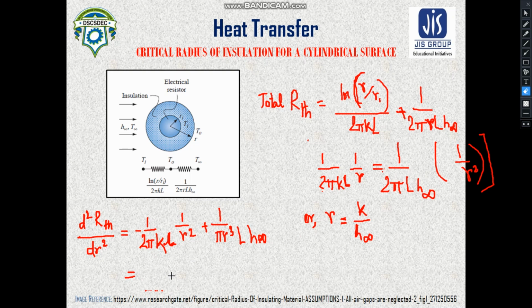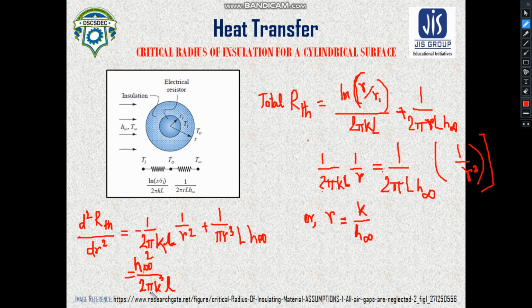Sorry, just give me some time and I'll rewrite it here, and it would be a proper depiction of what I am trying to say here. So please be with me. I'm taking a lot of time, but it would be 2 pi k cube L. Okay, that means this is a positive term. This is obviously a positive term.